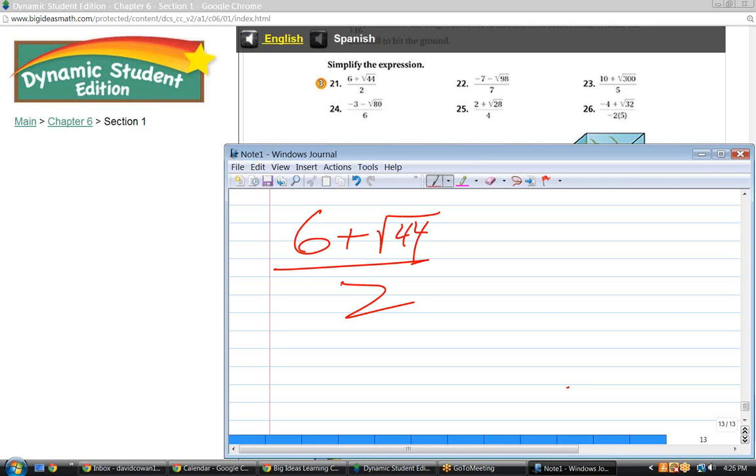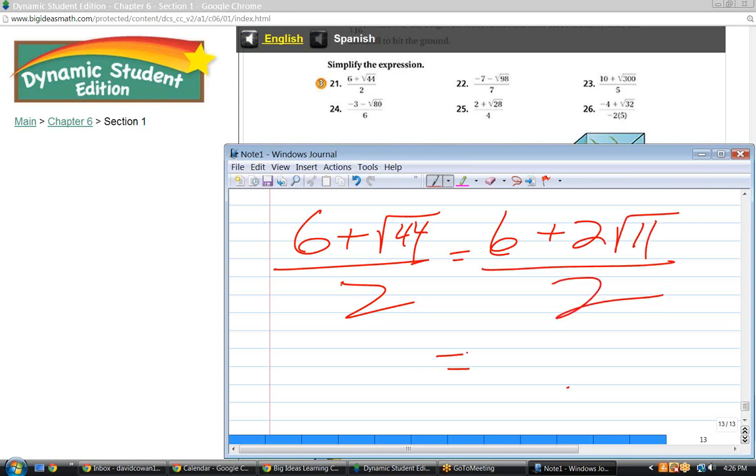So you get 6 plus 2 plus root 11. And then that comes out to 8 root 11 divided by 2. So you get... Hold on. You can't add 6 to 2 root 11. That's apples and oranges. Okay.